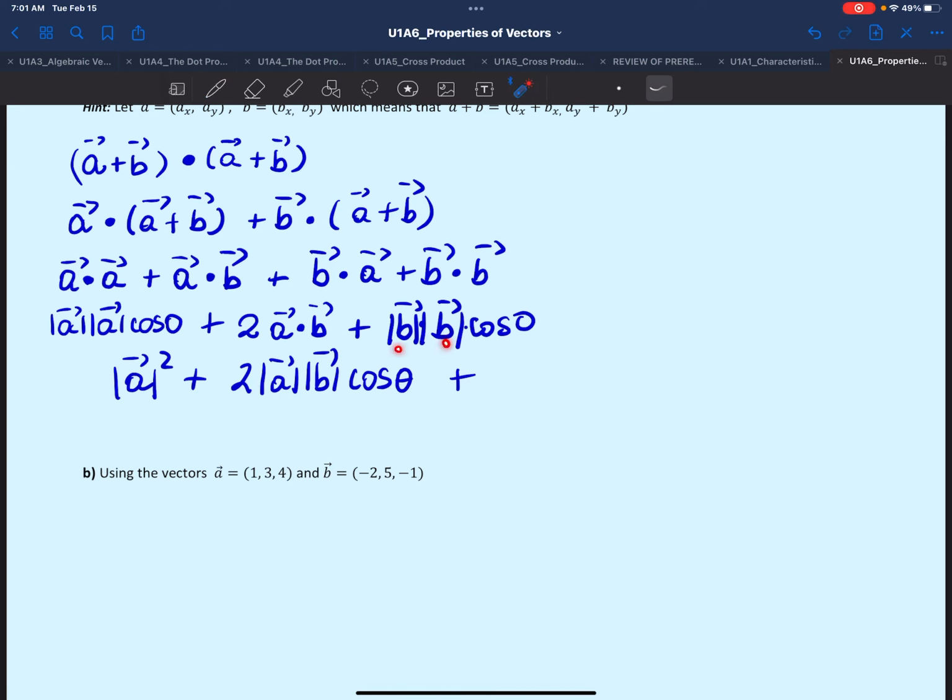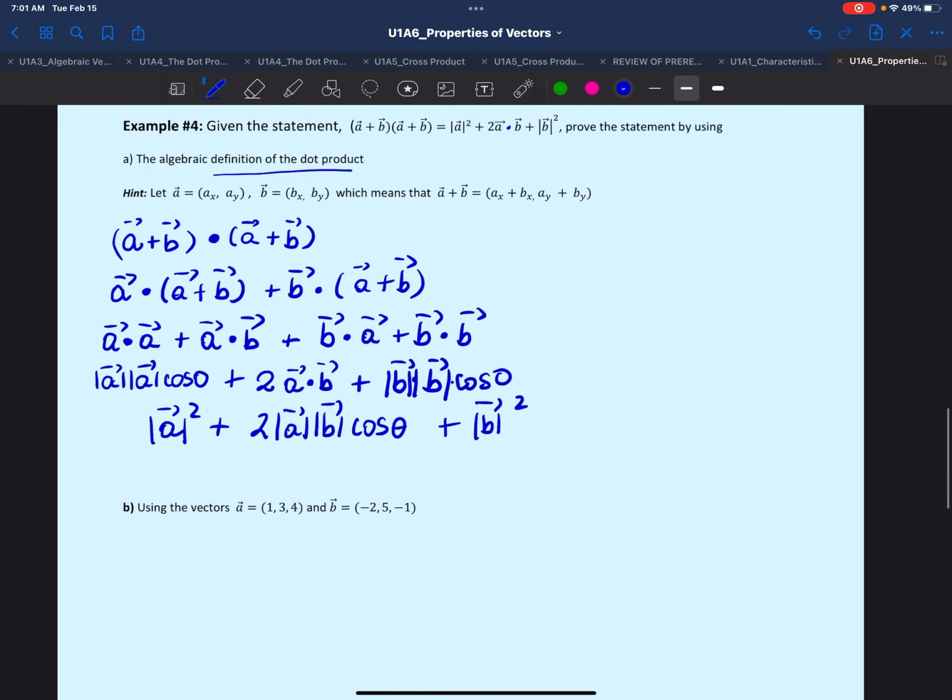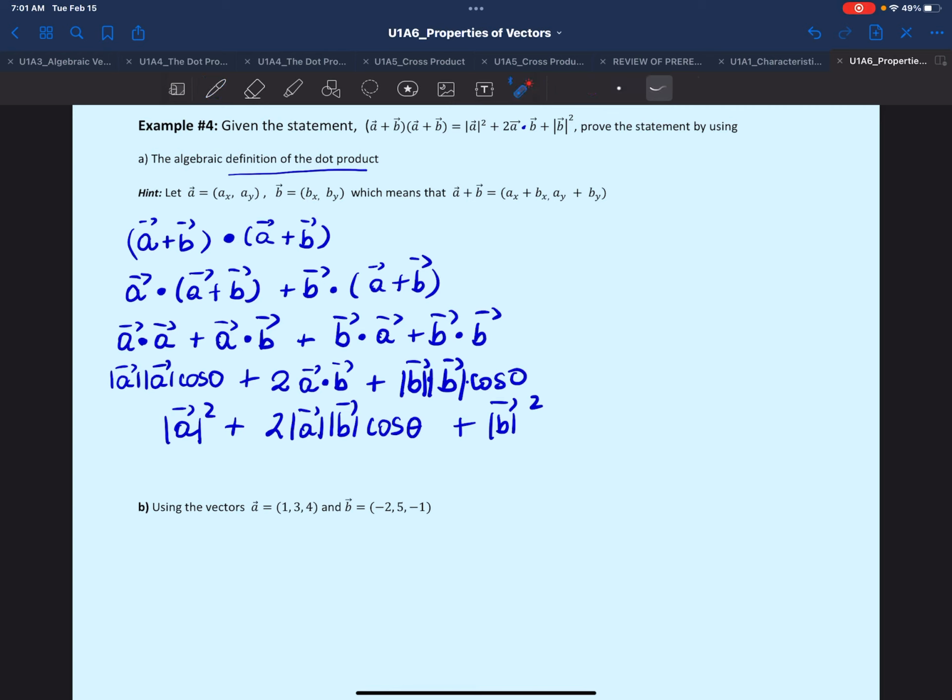Similarly, B times B cosine 0 would be magnitude of B squared. So as you can see in here, in the middle, we have the term 2A dot B, and then we have A squared plus B squared. So this is how you prove this statement by using the dot product.